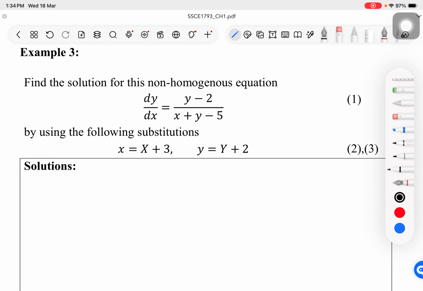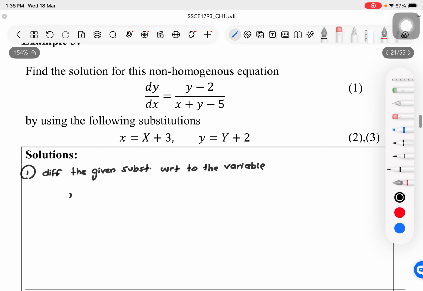Since we have the substitution there, we need to differentiate the given substitution with respect to the variable. So now we have X is equal to x plus 3.